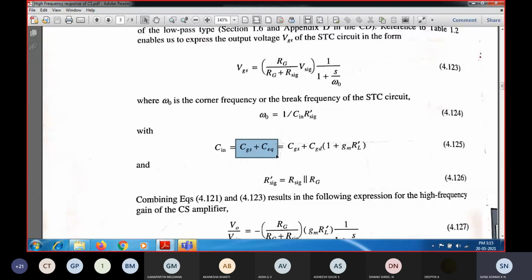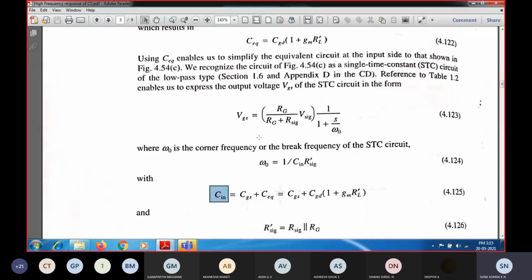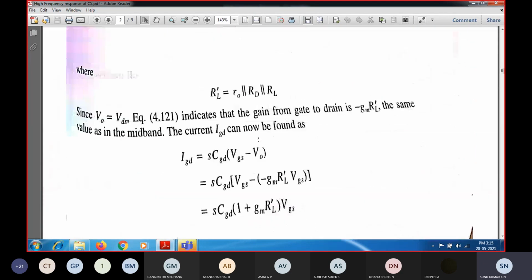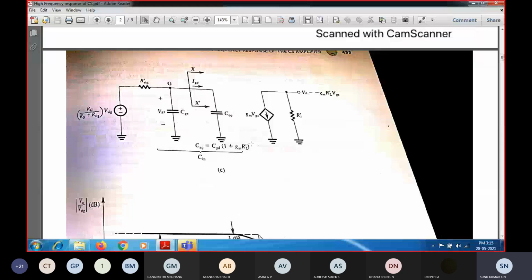Since these two are connected in parallel, the equivalent capacitance we are going to consider as C in, and the equivalent resistance at the input side is nothing but R signal dash. One R signal dash is there, and these two I am going to make as a single capacitance, that is equal to C in. C in will be equal to CGS plus C equivalent.